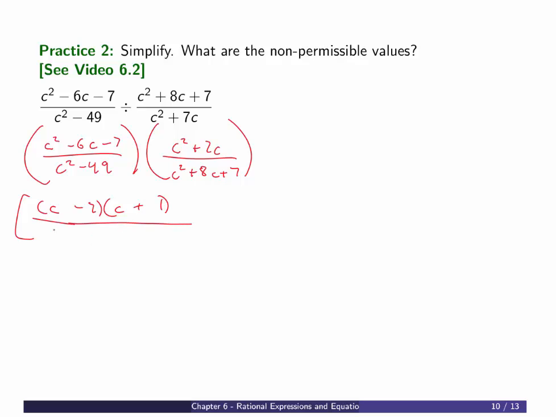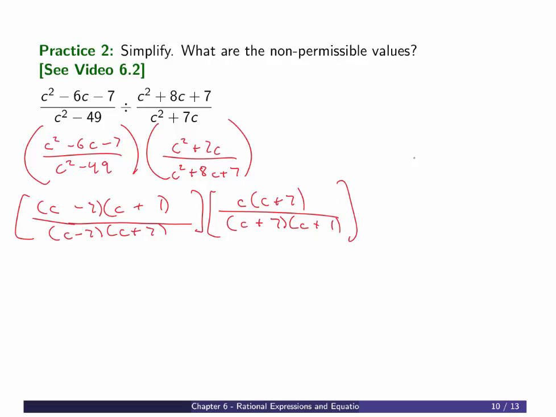This is all over c minus 7, c plus 7, game over there. Here we're going to factor out a c to get c plus 7, coincidence, and then we're going to have c, and we're going to have 7, 1 again.